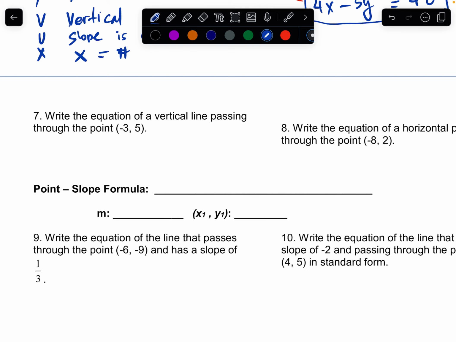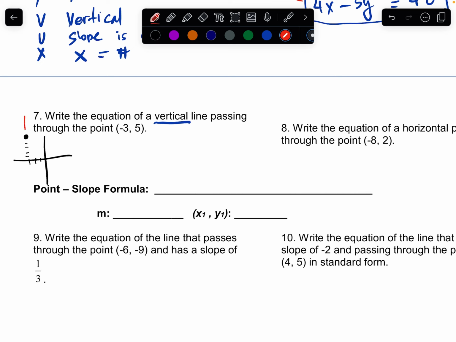Now let's write the equation of a vertical line passing through the point negative 3, 5. Vertical, that's the keyword. So let's graph that really quick. Negative 3, 5 is somewhere here, 1, 2, 3, and you go up 5. So this is the point.